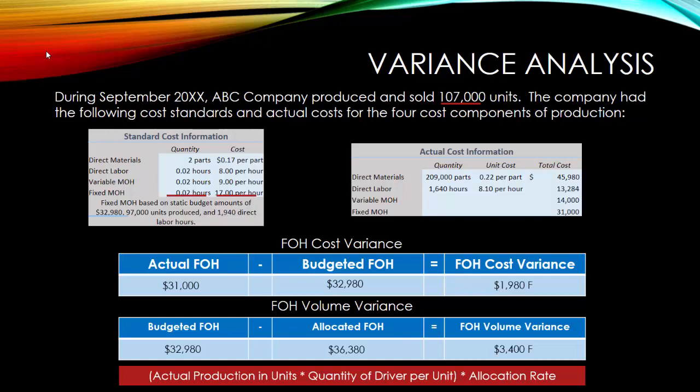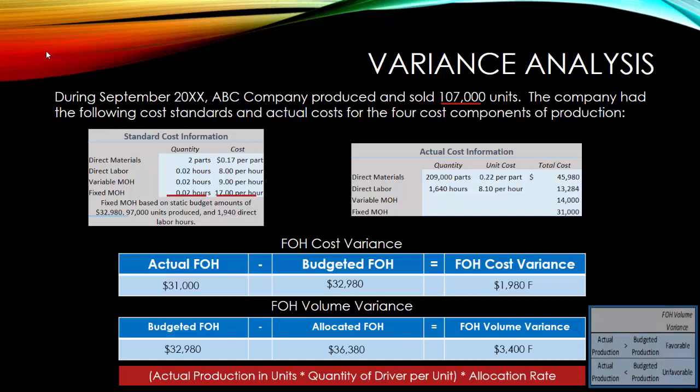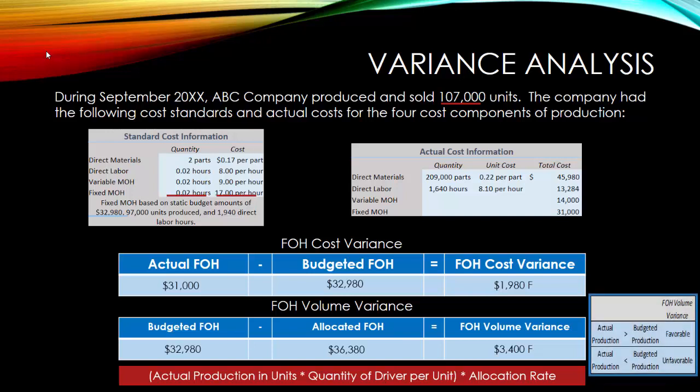And of all the things in accounting, this is one of the things that took me the longest to wrap my head around, until one day something clicked for me, and it is this. The variance for your fixed overhead volume depends upon what your actual production was versus what your budgeted production was. Sure, we allocated more fixed overhead than we thought we were going to, but why? Because we made more units than we thought we were going to. And when we make and sell more units, it's got to be good for our company.